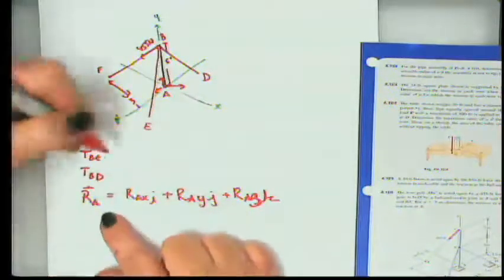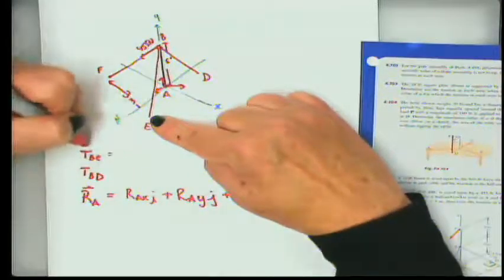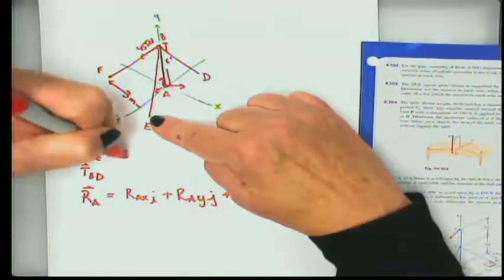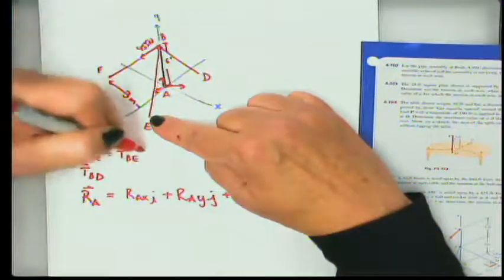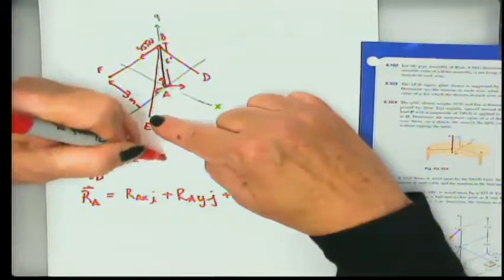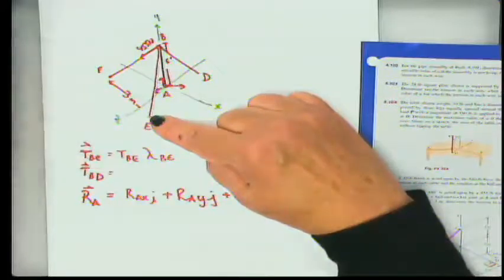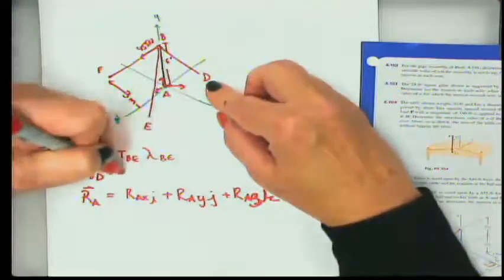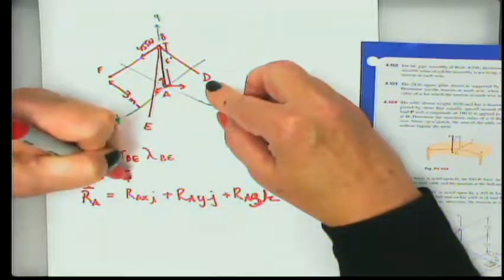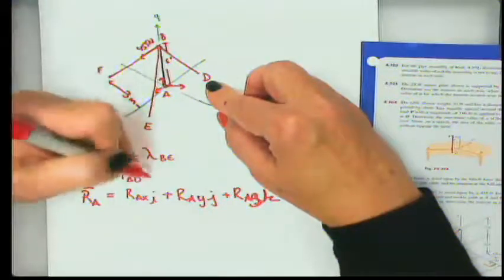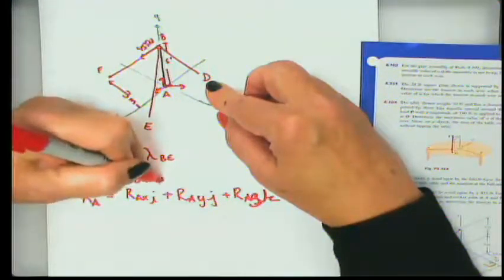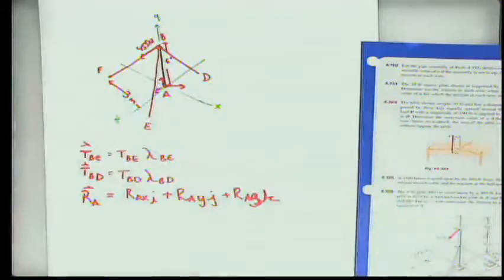And now we know that the tension in BE can be expressed as, the vector can be expressed as the magnitude of the tension in BE times lambda, or the unit vector, along BE. And we know that the tension in BD can be expressed as the magnitude of the tension BD times lambda along BD.